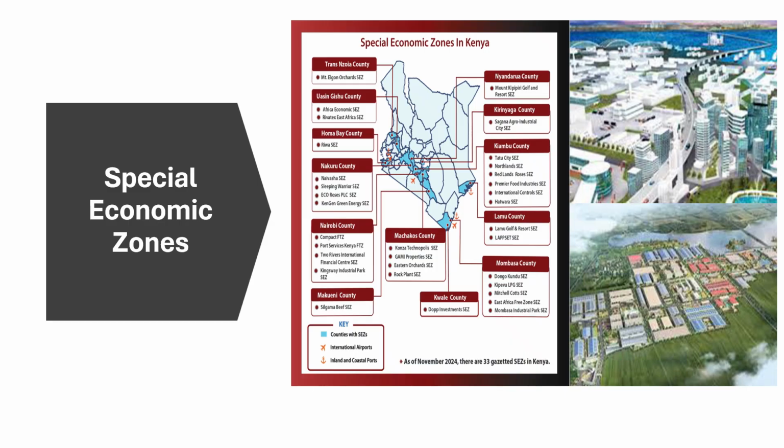Some countries create what we call special economic zones within their borders to allow for foreign investment by businesses in less developed countries. These zones attract businesses to their country to help them. On the screen, you can see Kenya, which has many special economic zones. Special economic zones in different parts of China encourage Western companies to locate their factories in China.